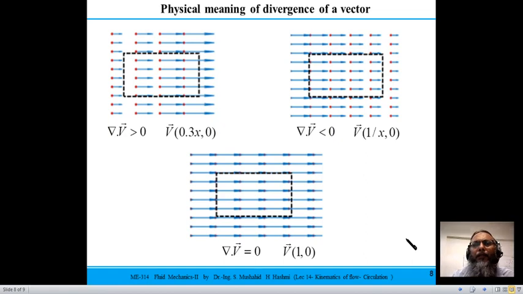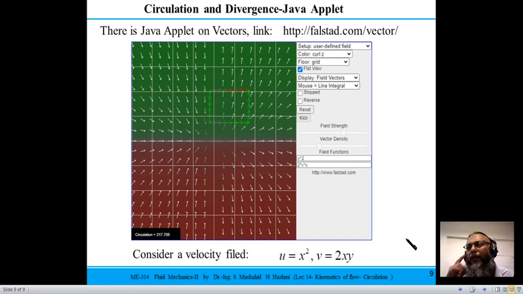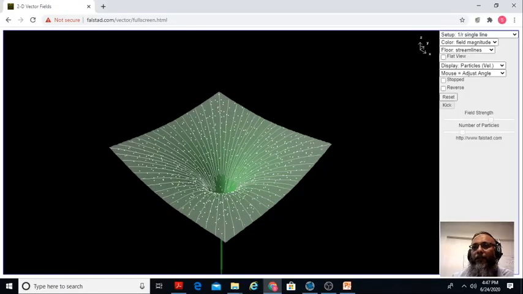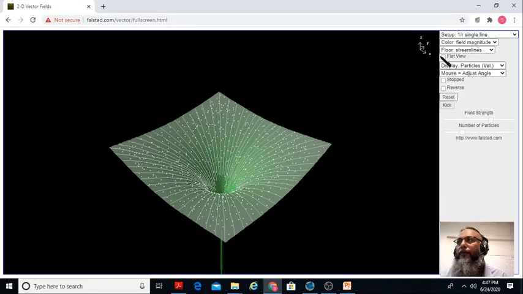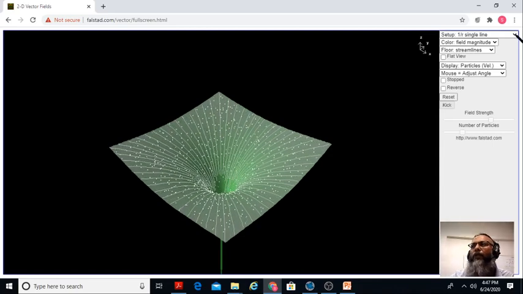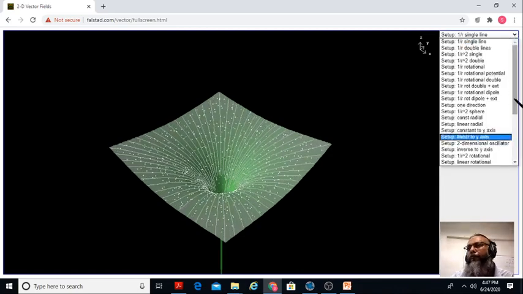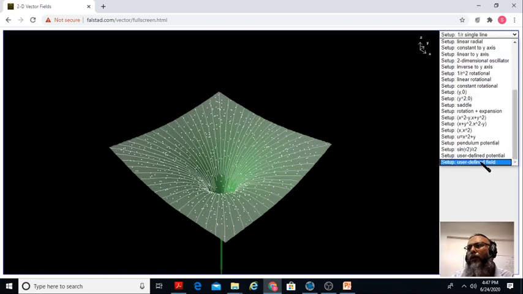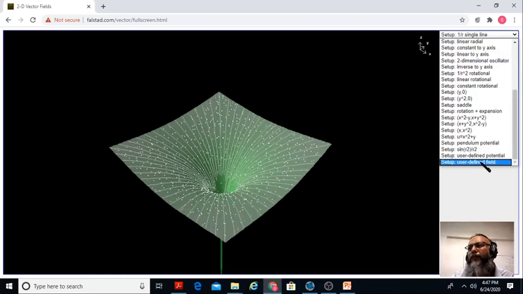So we can plot all such things on software as well. I will now switch to the Applet. Let's look at this Applet. There is a provision of having a user-defined field. If I go to the bottom, I can see a setup, a user-defined field.